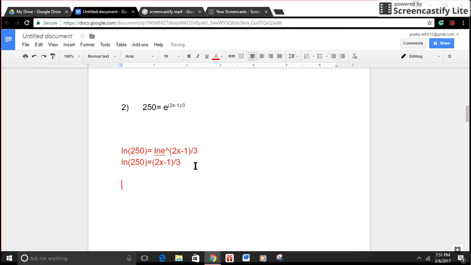So you're going to have 3 ln of 250 is equal to 2x minus 1. Then add 1 to both sides, then divide by 2. So you're going to end up with 3 ln of 250, and then plus 1.